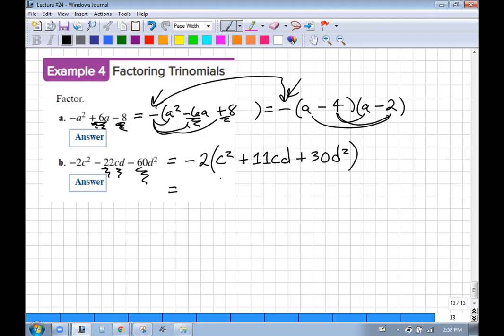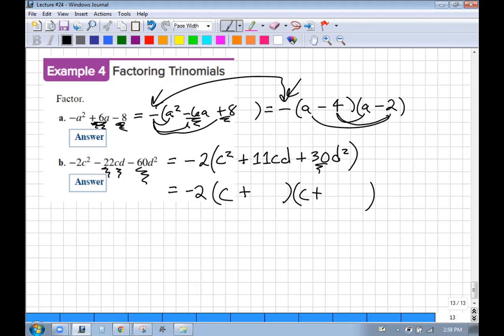We have a -2. Just because there's d's in there, that doesn't make any difference, okay? It doesn't change anything. We still need a c and a c to get a c squared, right? This is positive, that's positive, so these are both positive. So what we need is two things that multiply together. Let's look at our numbers first.